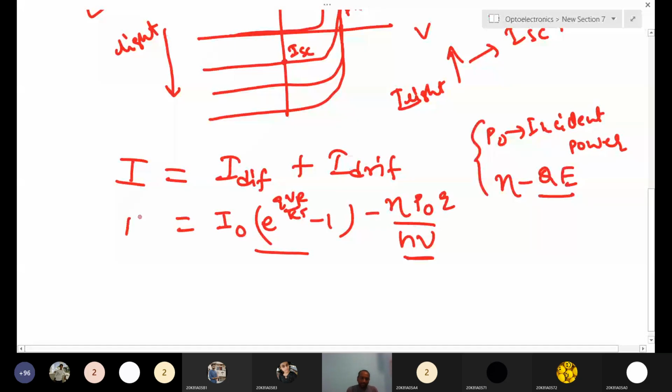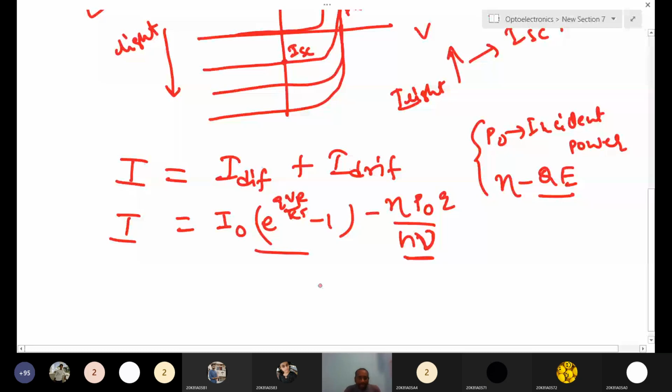The IV characteristic of a photodiode is diffusion current plus drift current. Why are we taking a minus between the two terms? Because the drift current is always opposite to the diffusion current. Here h is Planck's constant, nu is the frequency, and q is the charge of the electron. But here the drift current is dominant, that's why we get negative current.